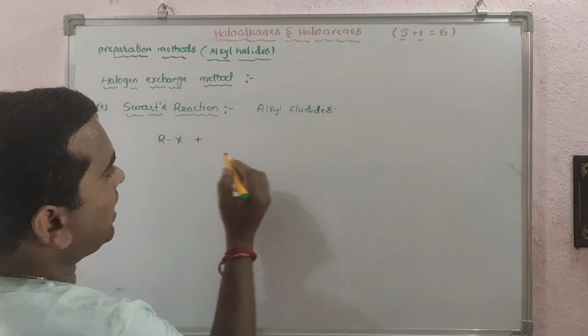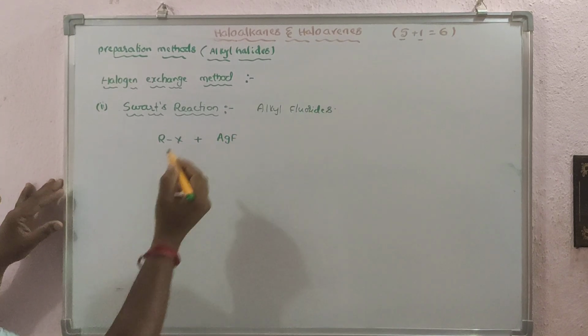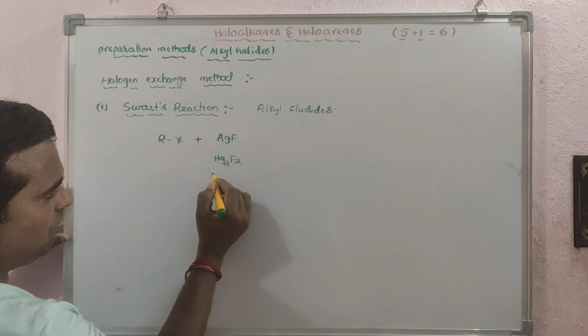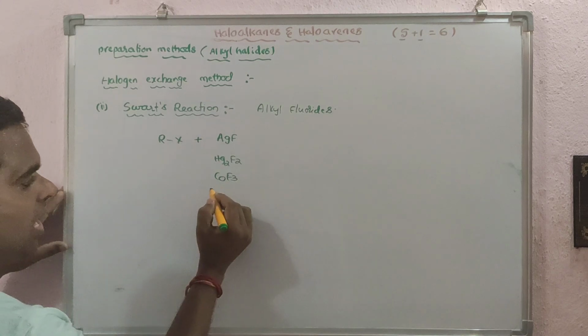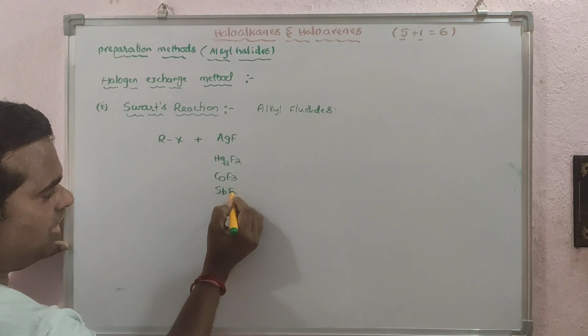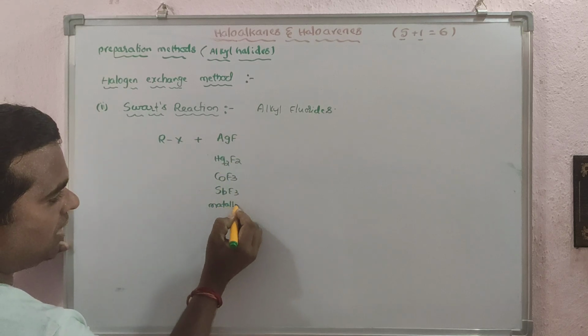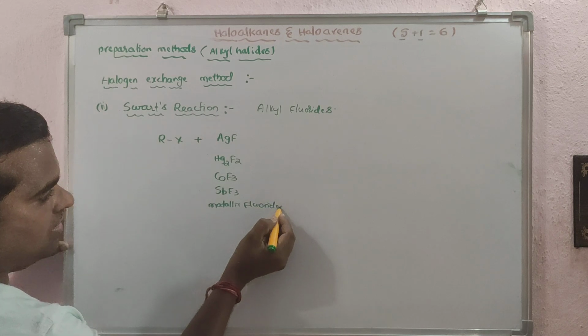Metallic fluorides like AgF. Clear? So many you can take, AgF or Hg2F2 or cobalt fluoride, and SbF3. All these are metallic fluorides. Clear?